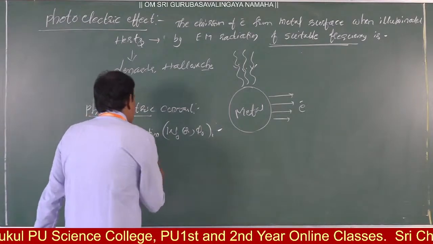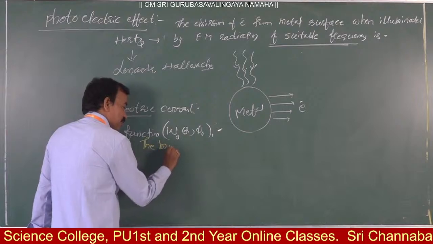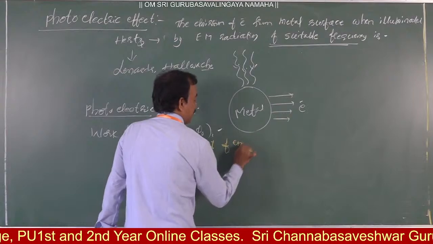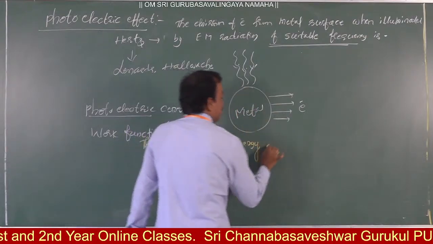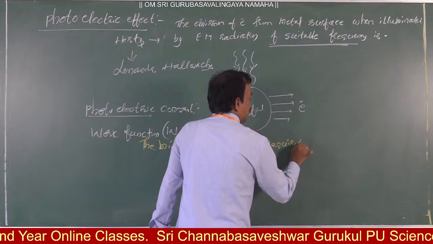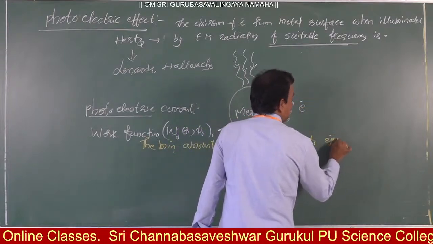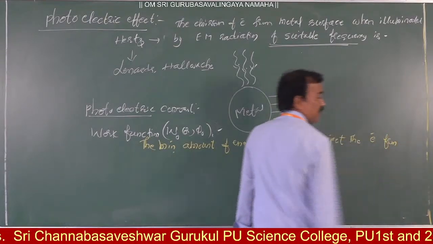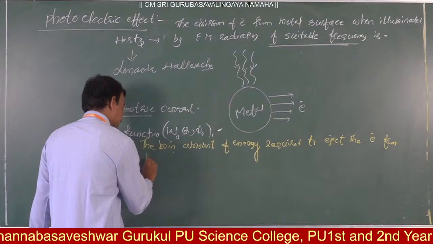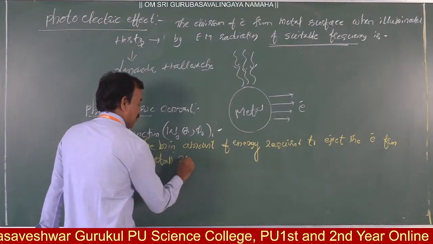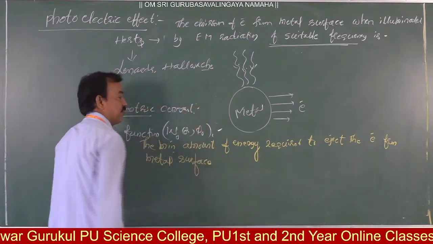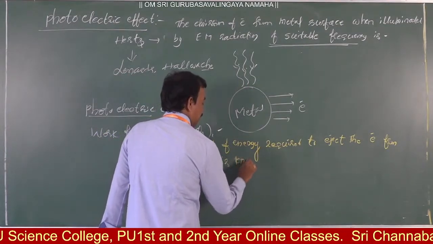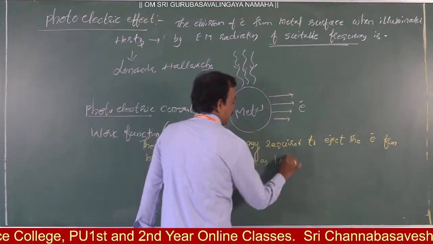The minimum amount of energy required to eject the electrons from the metal surface is known as work function.